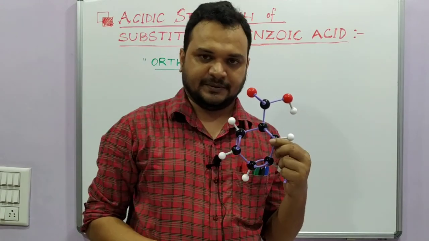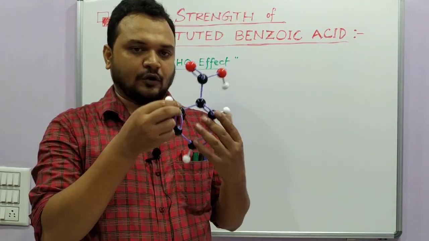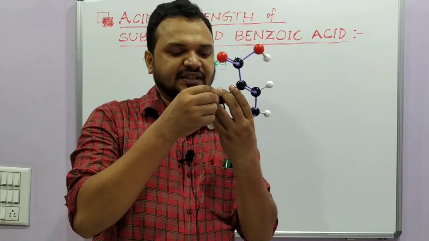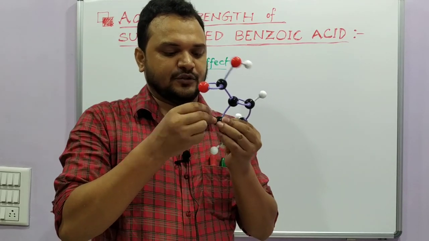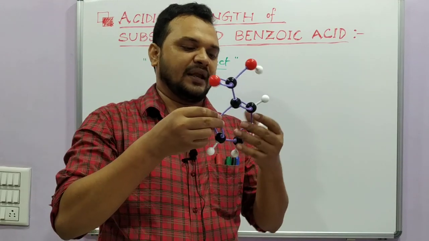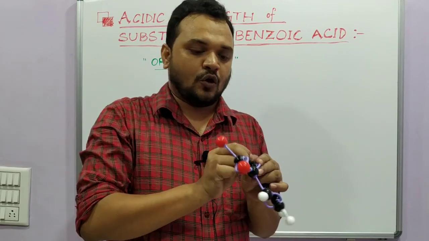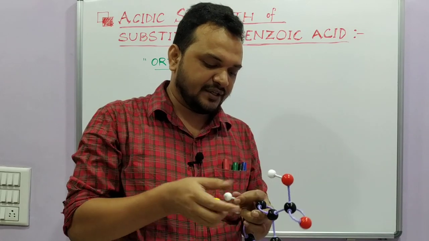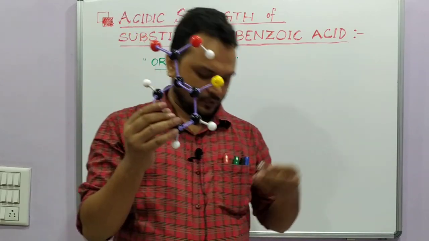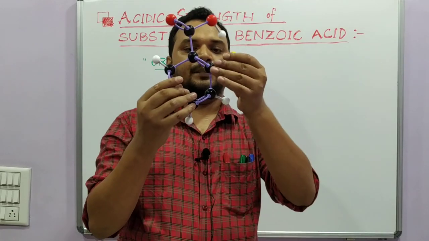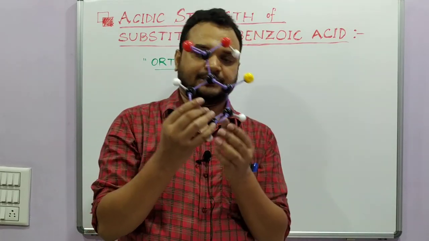So it can operate. Now as soon as at the ortho position, instead of this hydrogen, you put a bulky substituent, that is ortho substituted benzoic acid. Suppose I have put one bulky substituent at the ortho position.